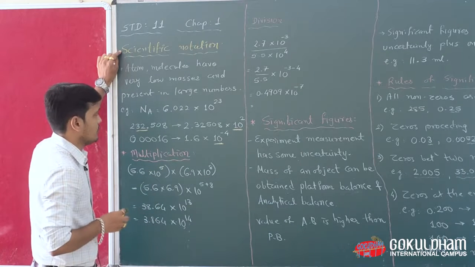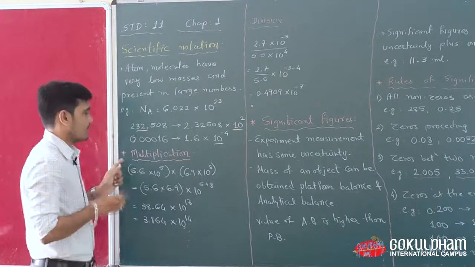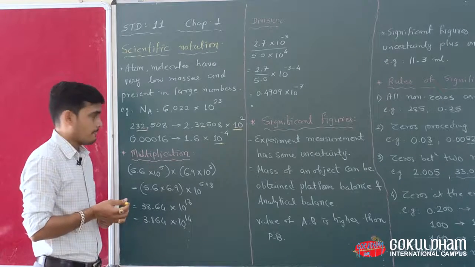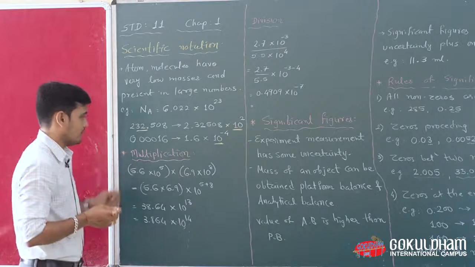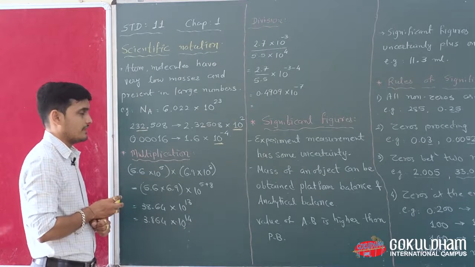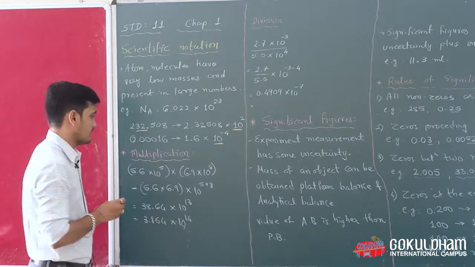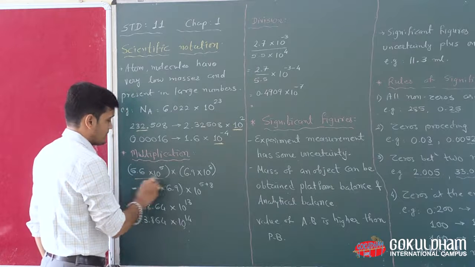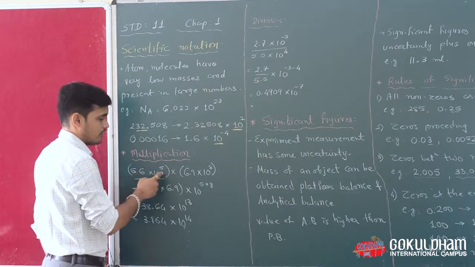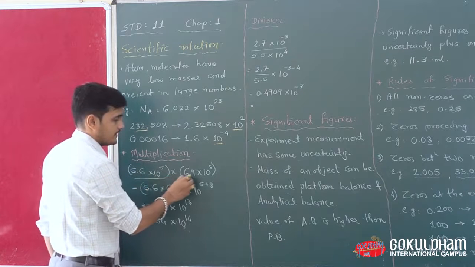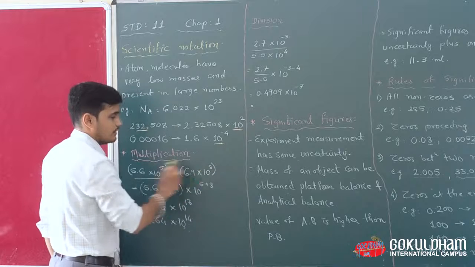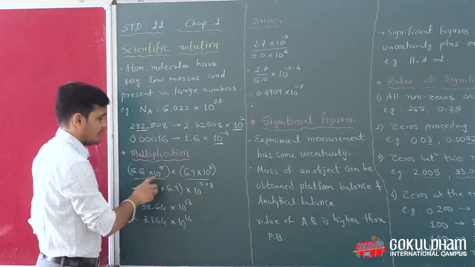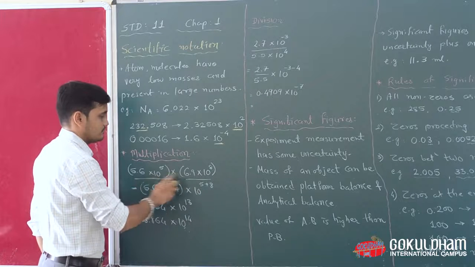In scientific notation, there are many cases like multiplication, division, and subtraction. First, multiplication of scientific notation. You have been given these two values, 5.6 into 10 raised to 5 into 6.9 into 10 raised to 8. Both values have 10 in common.